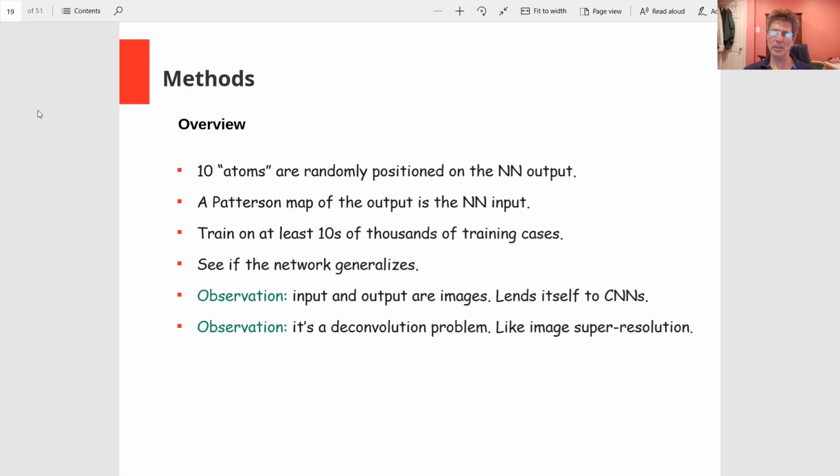In that way I can see if the network can go from X-ray diffraction data to atomic coordinates, essentially doing direct methods in X-ray crystallography.